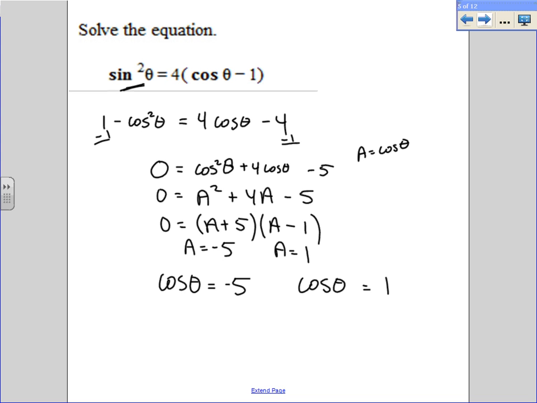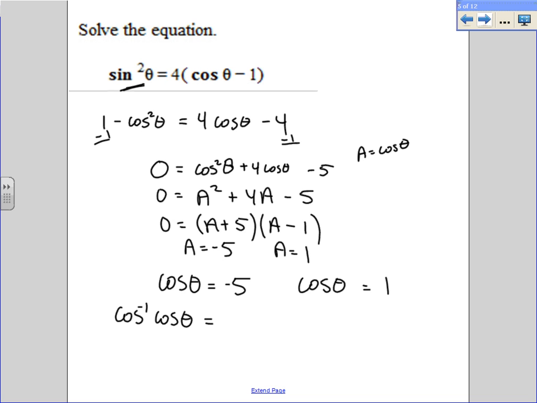Now in this one, you're going to say, well, where is cosine negative 5? Because I don't see that on my unit circle. Well, let's look at it from an approach of not looking on the unit circle, but how would we solve that maybe using a calculator instead. So the idea is we would have to take the inverse cosine of both sides.